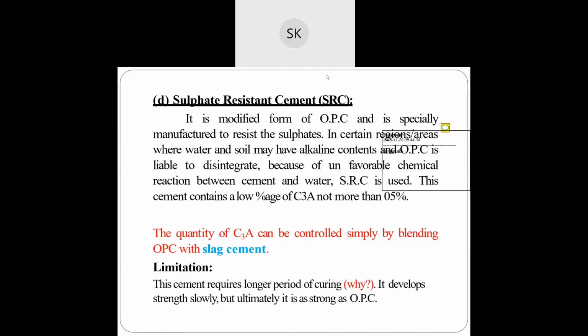Are you familiar with the word curing? 34 students. I need a response. Yes, ma'am. Only one. What about the others? You know about curing or not? Have you heard the term curing? Yes, ma'am. What about others?